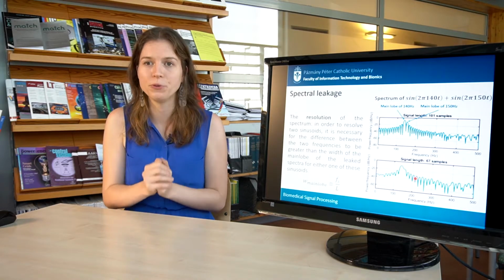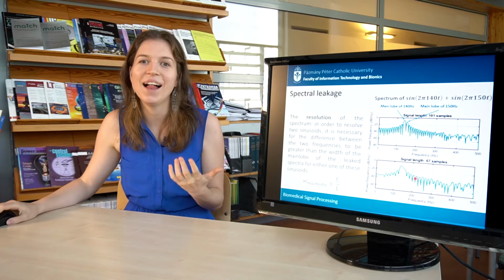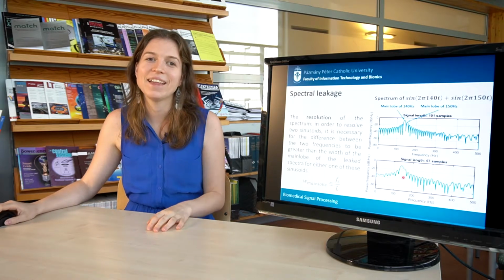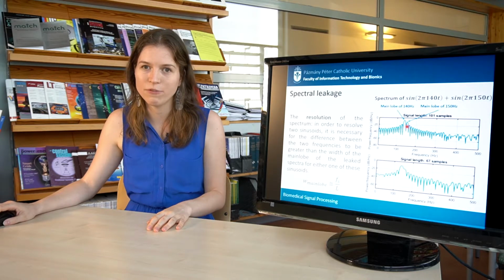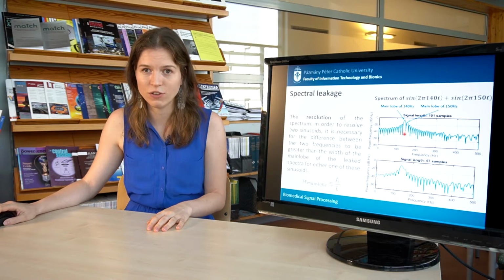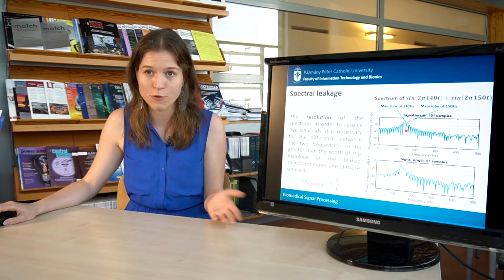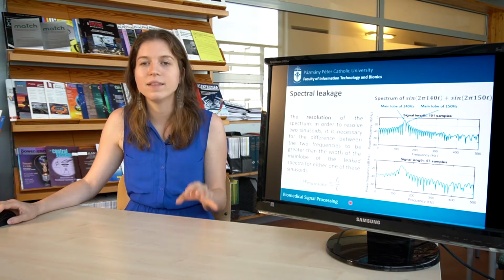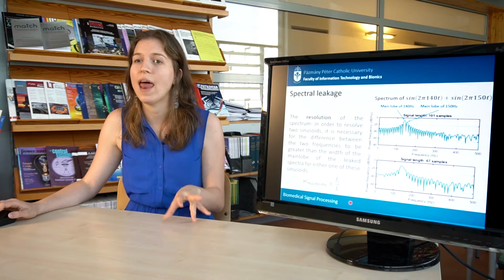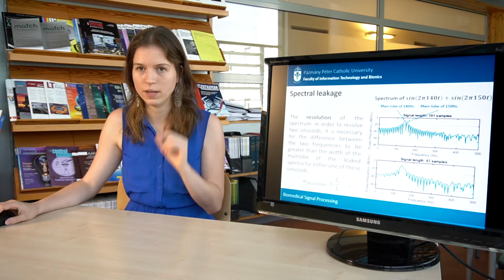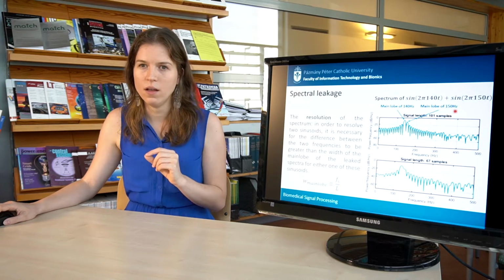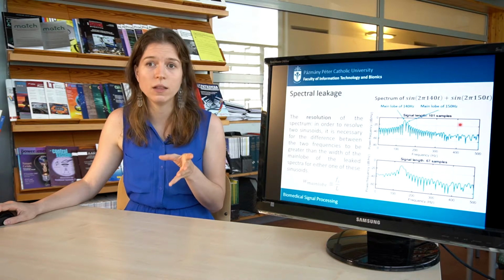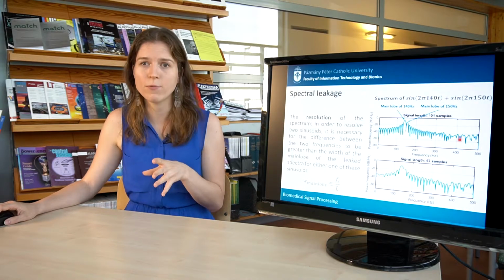So the rule of thumb to use here, to know when you can tell these apart, is that the width of this main lobe, which is at 140 or 150 hertz, is roughly the sampling frequency over the length of the signal. In this case, we have 1 kilohertz sampling frequency, and you had 101 samples.